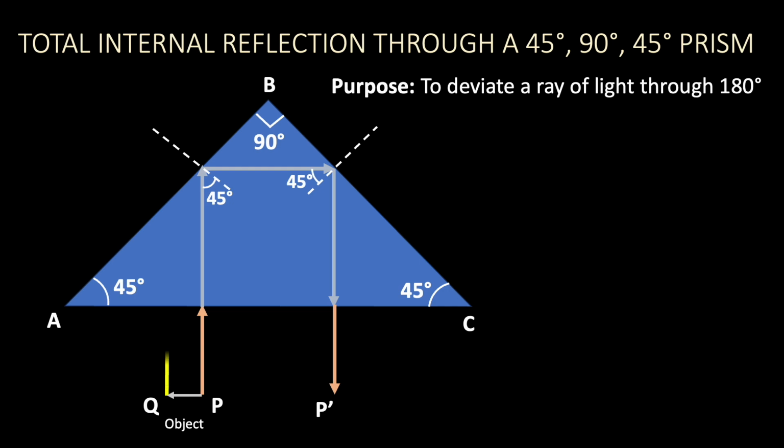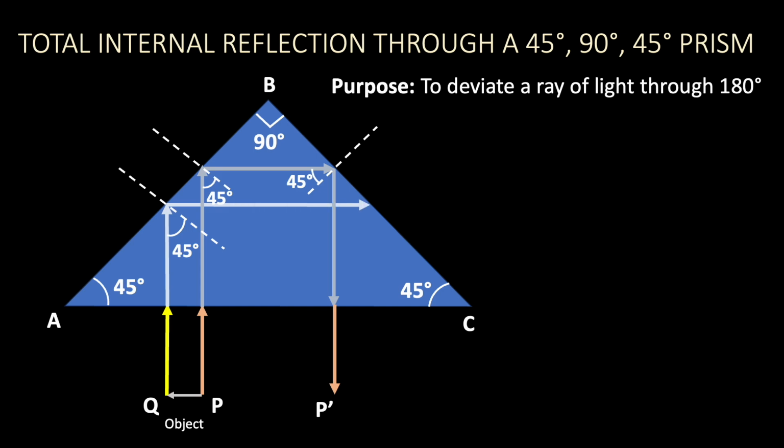Similarly, the incident ray from point Q onto the face AC will enter the prism in an undeviated manner. It will strike AB, the glass air interface. The angle is 45 degrees with respect to the normal, which is greater than the critical angle, which is 42 degrees for glass air, and therefore this ray will also suffer total internal reflection.